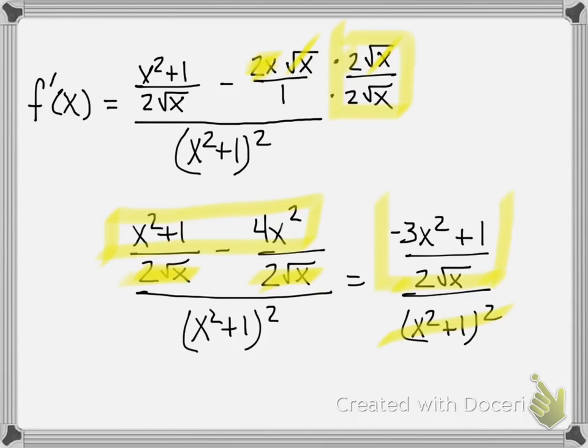So for that portion of it, the 2 radical x, if x was 0, then that would be 2 times 0, which would give us 0. So 0 there is a critical value. And that was what we solved for the first one when we initially checked for where it's 0. So the numerator right here is what we need to focus on. So we're just going to set that to 0.